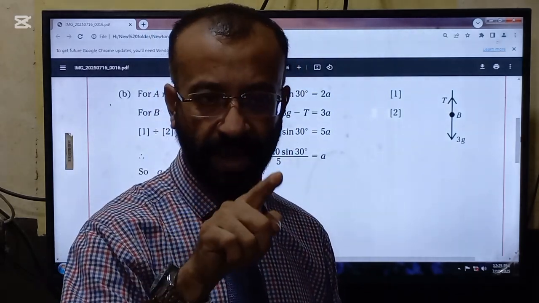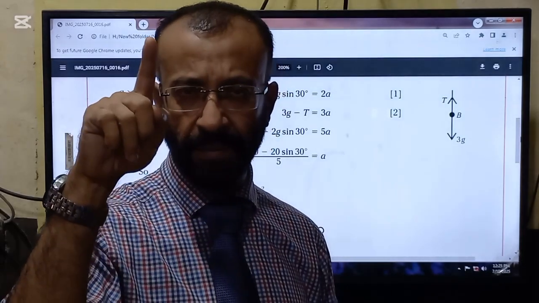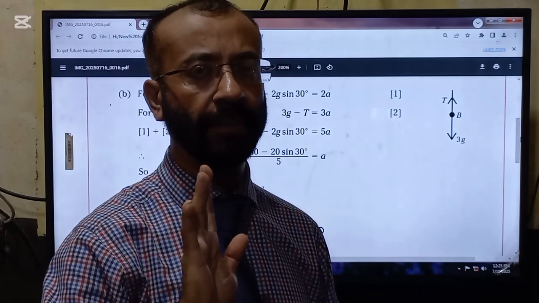The vertical is making an angle of 90 degrees with the horizontal. So the third angle, at the pulley, will be 60 degrees, because the sum of the angles of a triangle is 180 degrees.